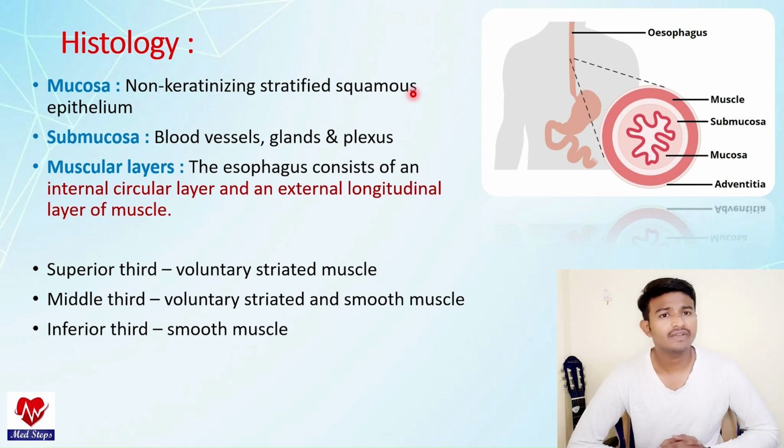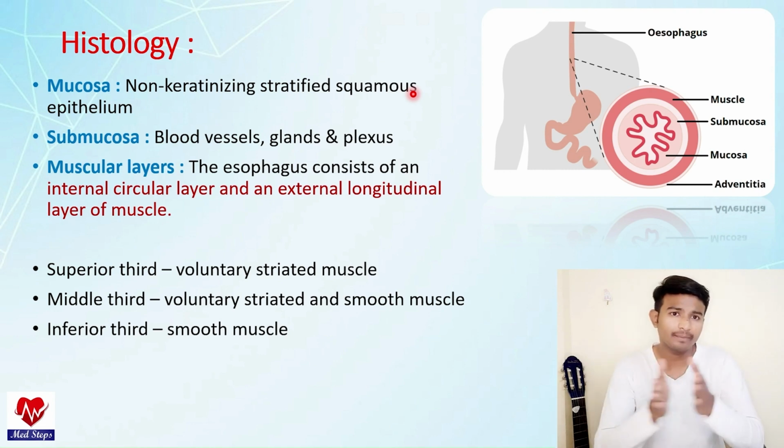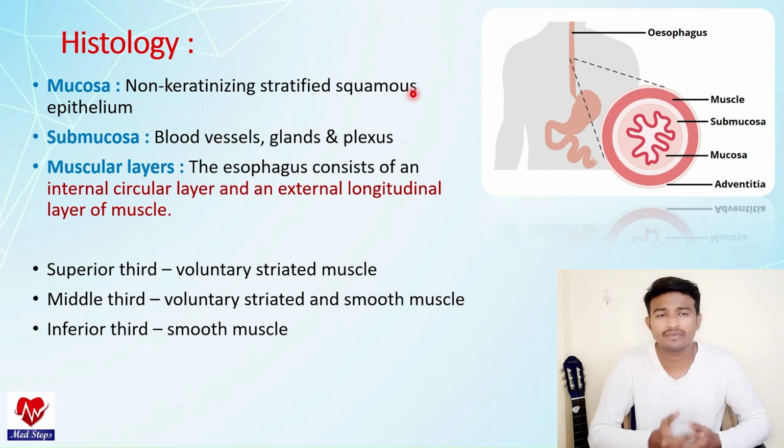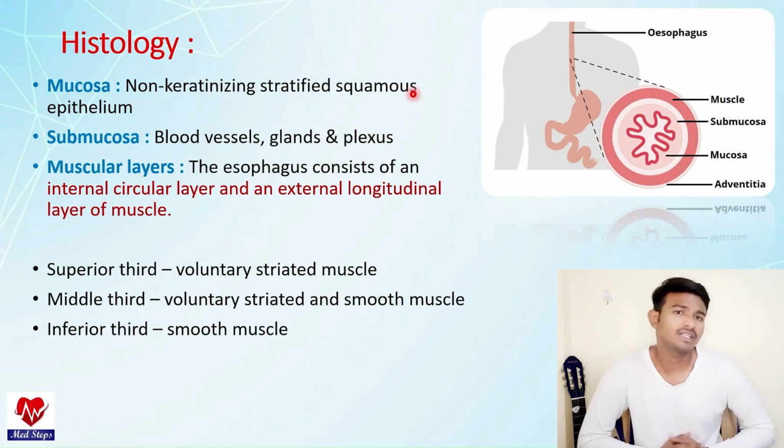The circular layer helps in narrowing the esophagus. The longitudinal muscle contracts and stretches. If both work together, we call it a rhythmic contraction, and that rhythmic contraction we call peristalsis.